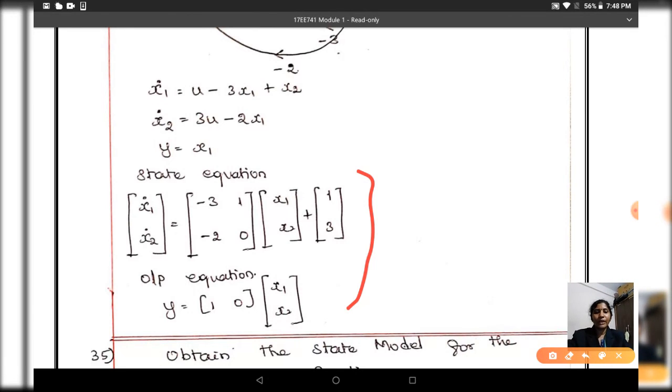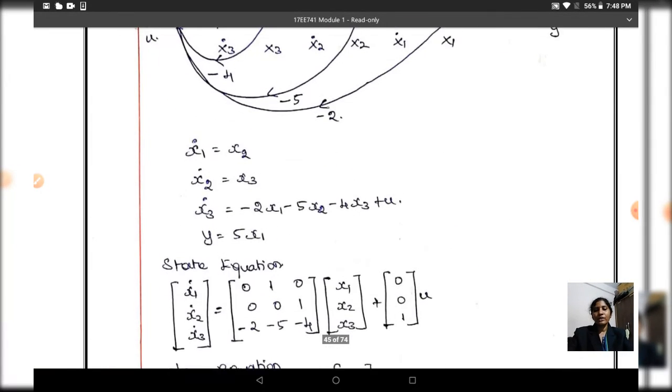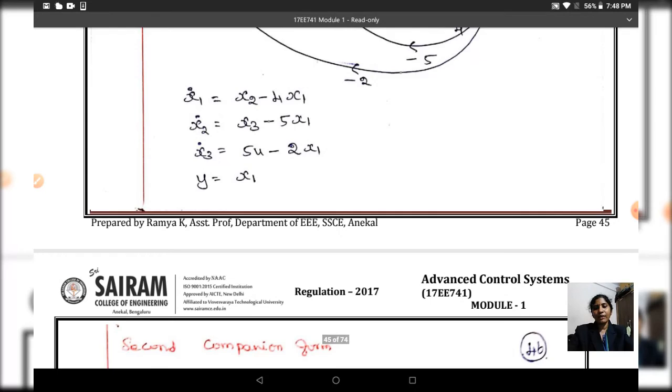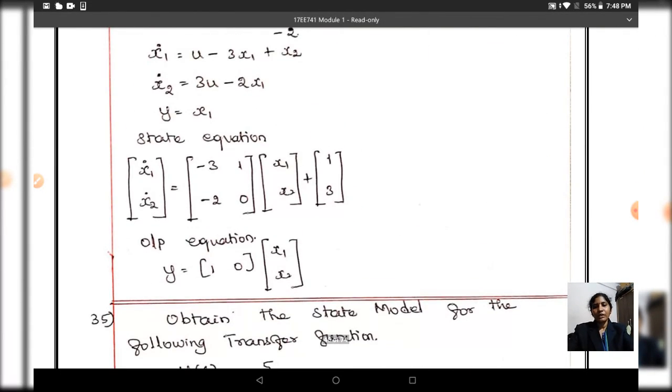You could compare the answers for the first companion and second companion. In your first companion, you could see the answers 0, 1, minus 2, 3, whereas in case of your second companion form, you have got minus 2, minus 3, 0, 1. So whatever coefficient you have in x1 dot and x2 dot, you can obtain over here.